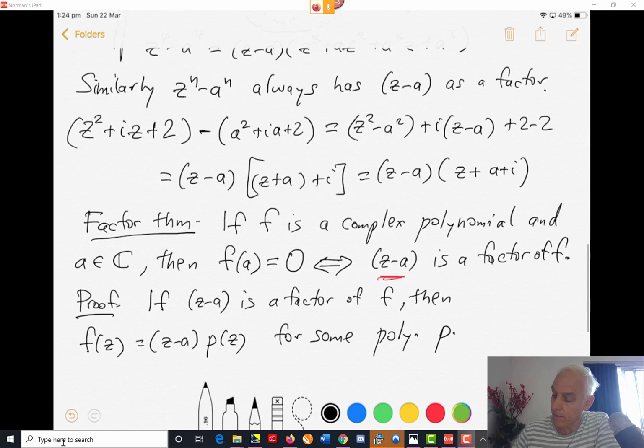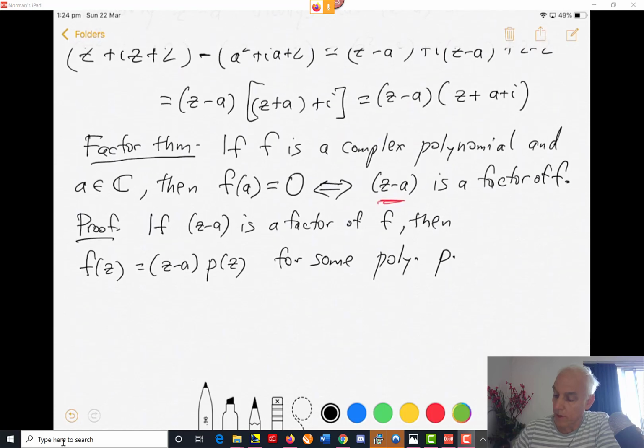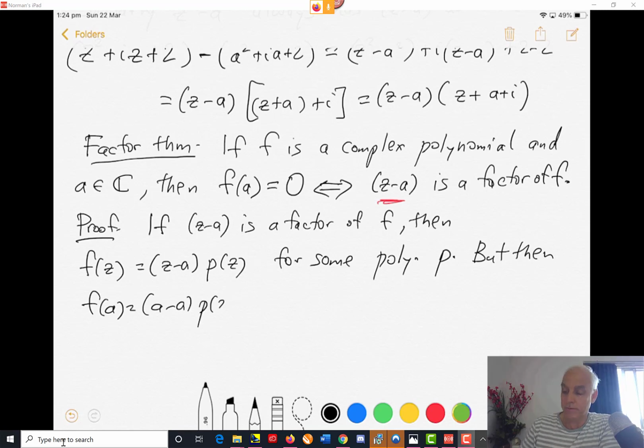But then when we plug in a, we get f of a equals a minus a times p of a, which is indeed 0. So that proves this implication. It proves that if z minus a is a factor, then f of a equals 0.